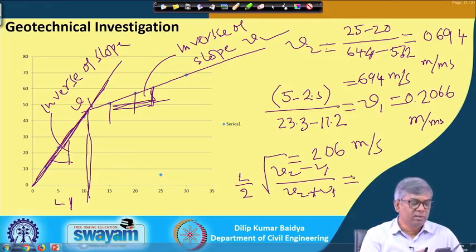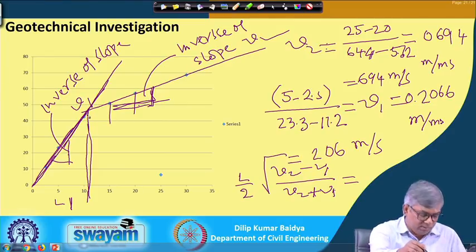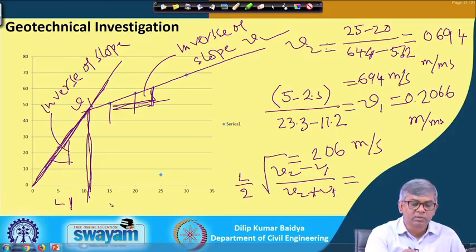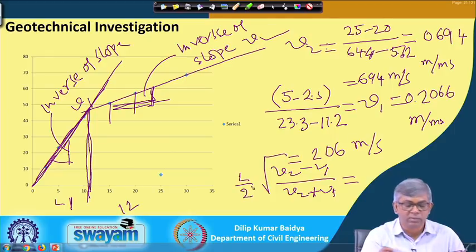0.54, that will be 0.73, multiplied by this distance, which will come to around 11 or 12.